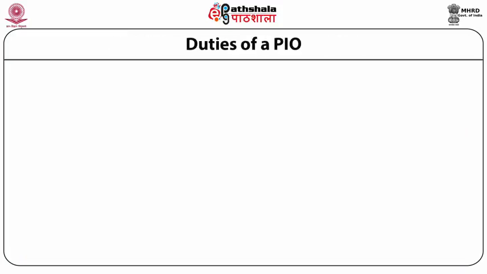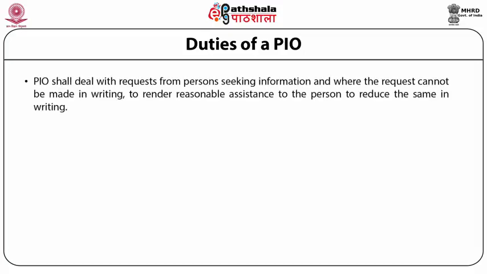Let us now discuss what are the duties of a public information officer. Public information officer shall deal with requests from persons seeking information, and where the request cannot be made in writing, to render reasonable assistance to the person to reduce the same in writing.